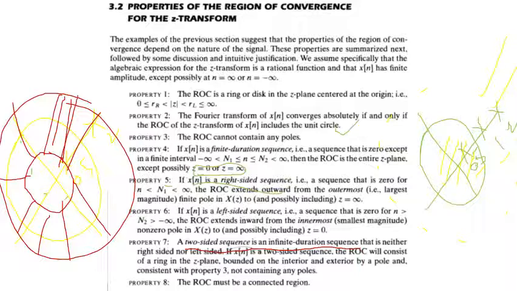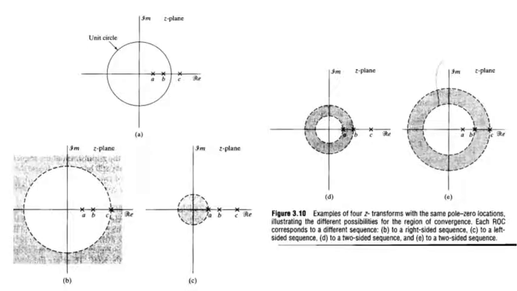So these are the properties that you need to understand in order to find the region of convergence. Let's move on to the next slide and see stability and causality from the Z-transform. Before we move to stability and causality, this is the pole-zero plot of some random signal.